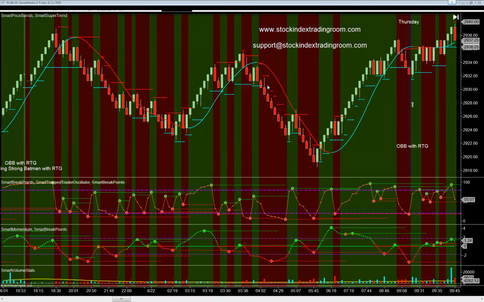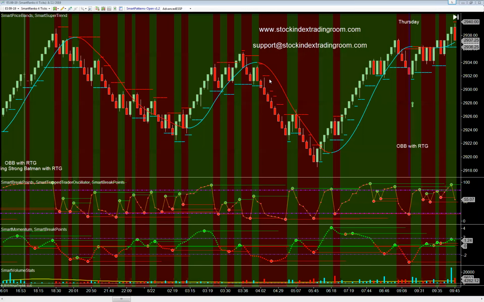So let's go ahead and look at our chart. If you're not familiar with our work, all of our indicators, our Smart Renko bars, Smart Price Band, Smart Super Trend, Trap Trader Oscillator and Smart Momentum, were developed, coded, tested and traded by World Cup trading champion Rob Mitchell.